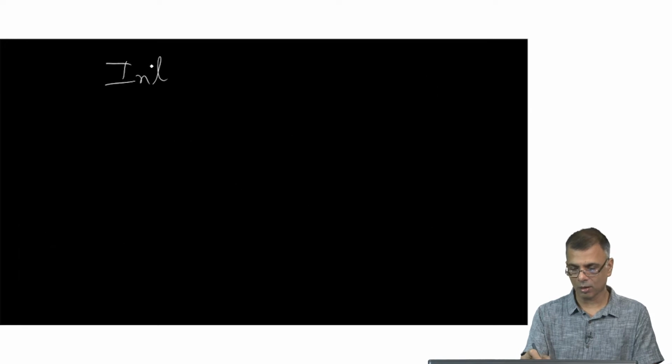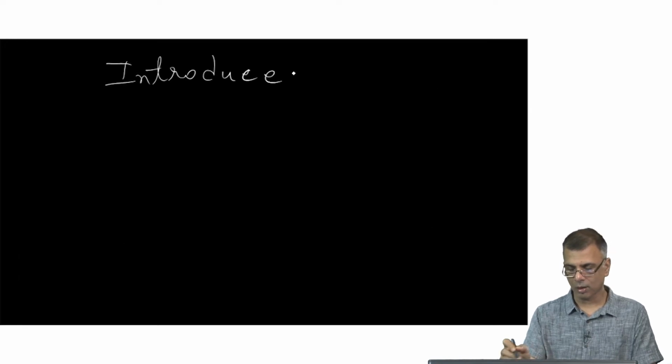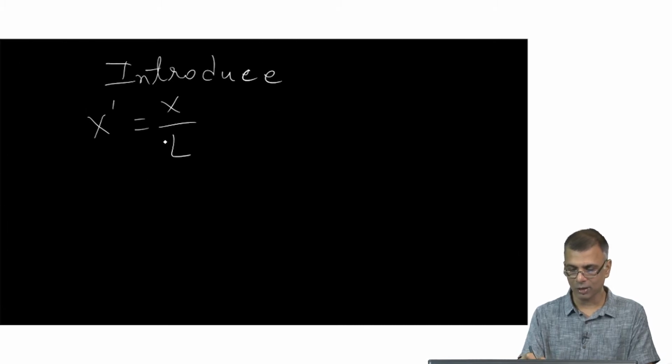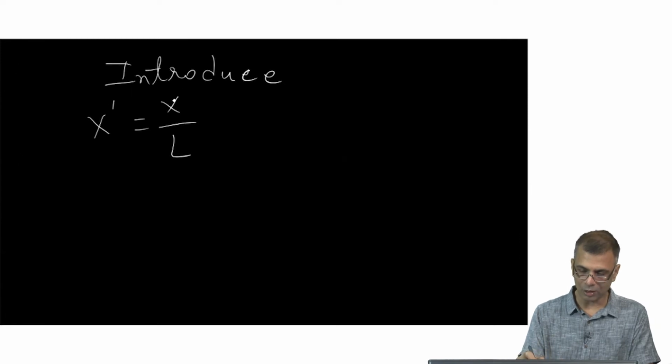Then we did something very important. We said, let's introduce non-dimensionalized variables. x prime is x divided by L. You notice x prime as such is dimensionless because L has the dimensions of length, as does x.